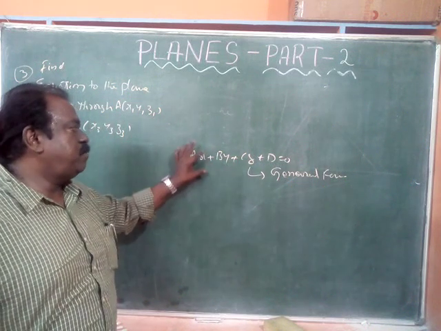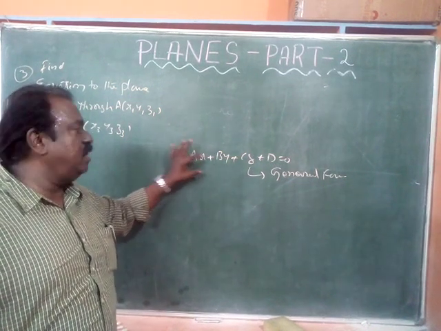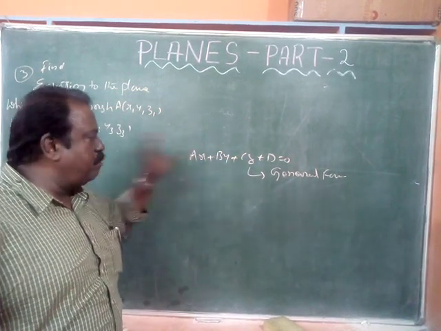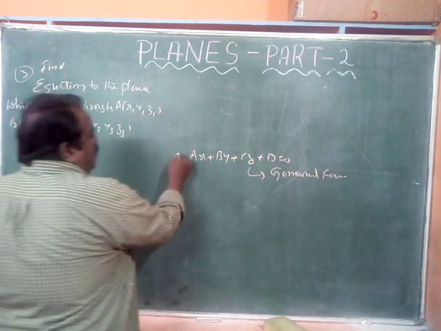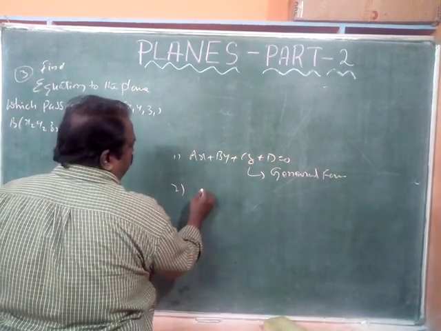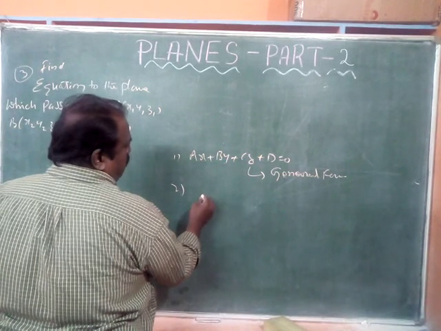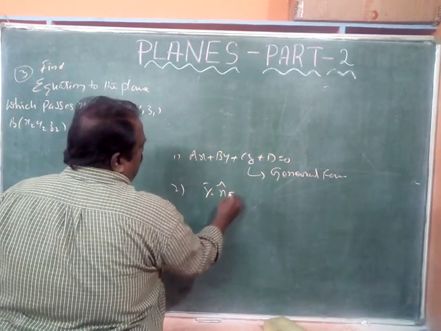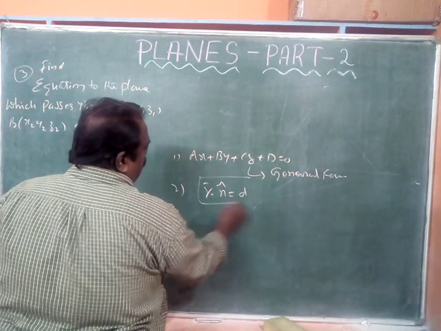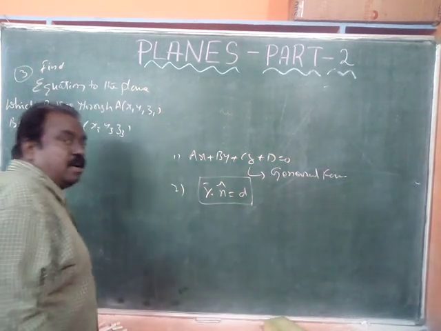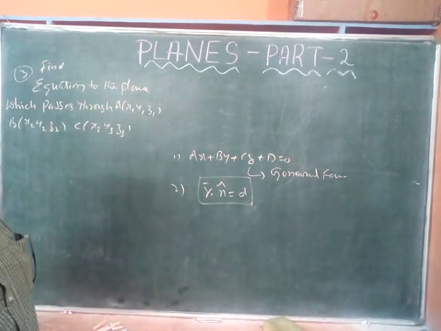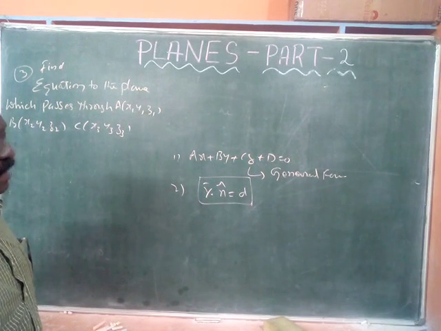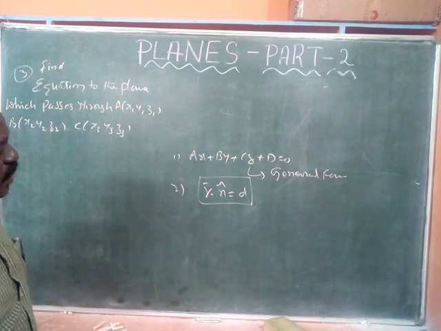This first degree equation in x, y, z represents the general form of a plane. Next one is the normal form, that is, r bar dot n cap is equal to d. That is the normal form.